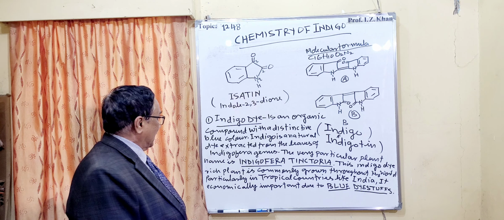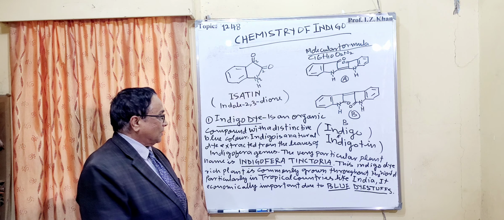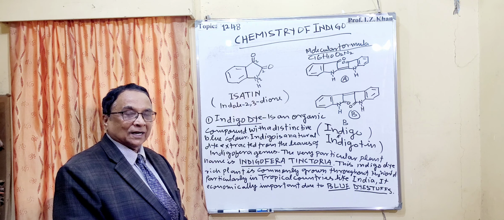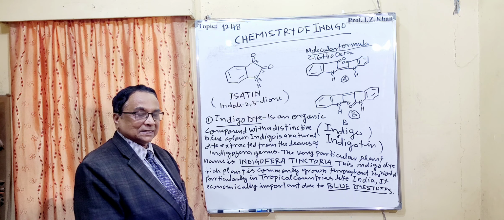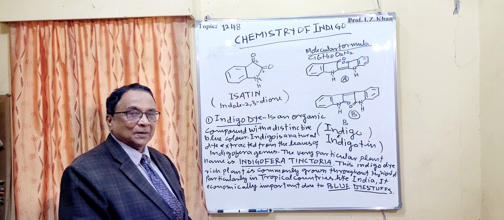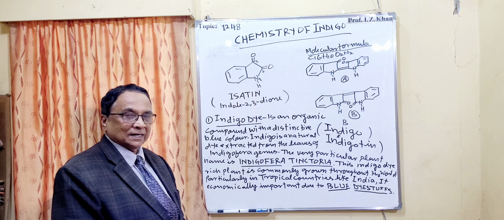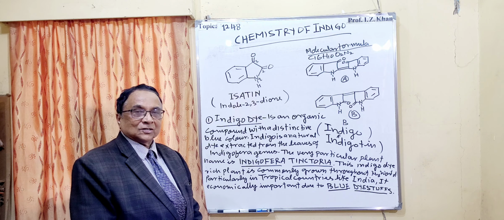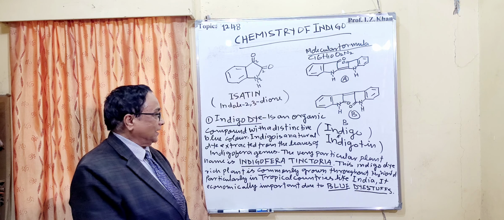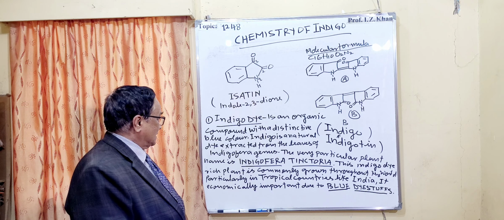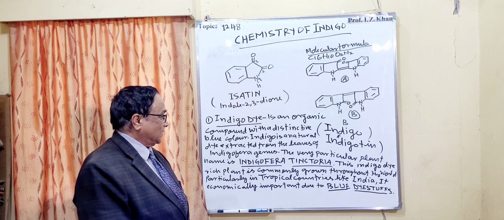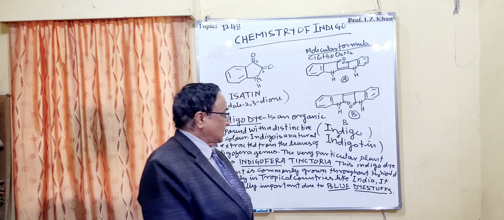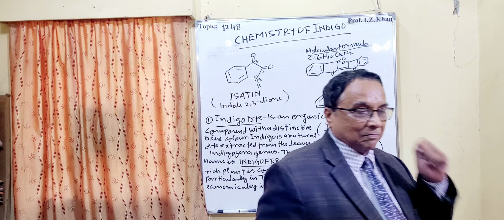This plant is commonly grown throughout the world, especially in tropical countries like India, Bangladesh, Sri Lanka, and also in some European countries nowadays, because now it is a global source of natural dye. It has a lot of economic importance due to its beautiful blue dyestuff.